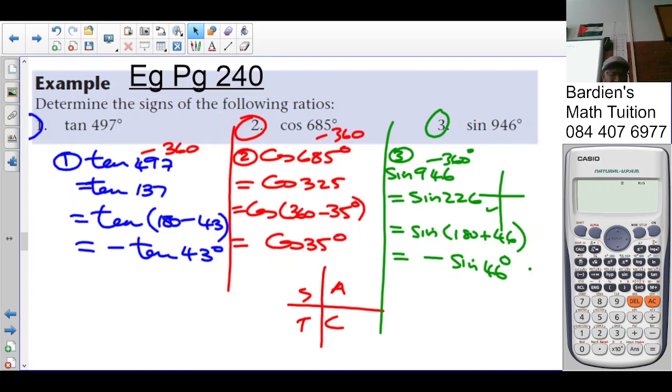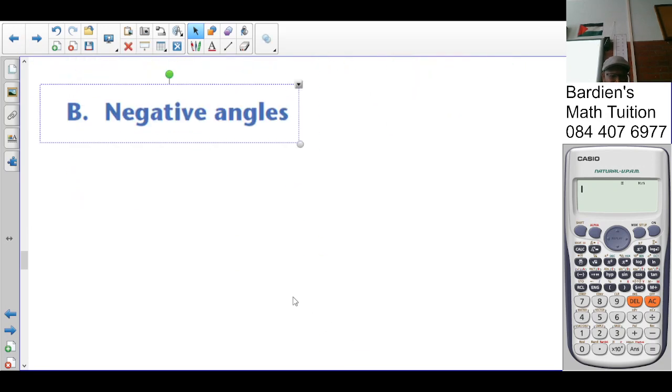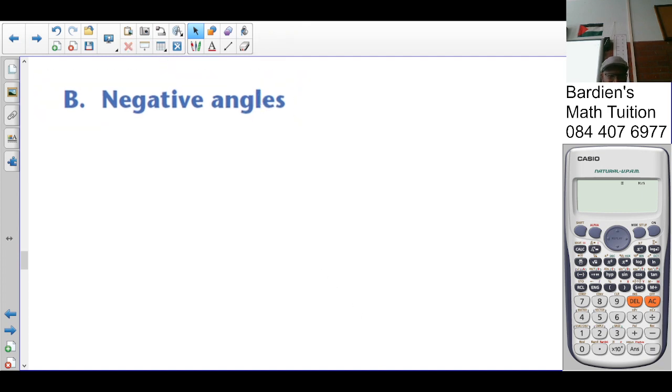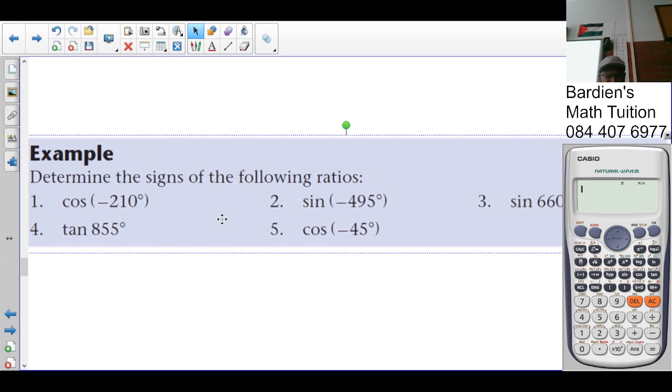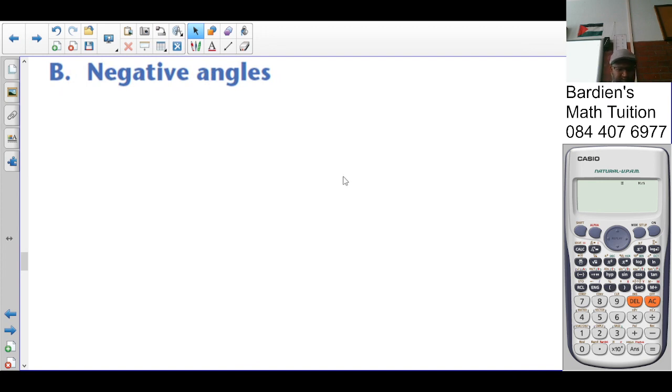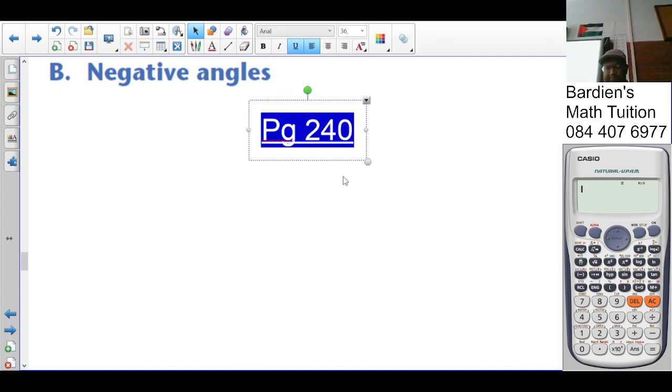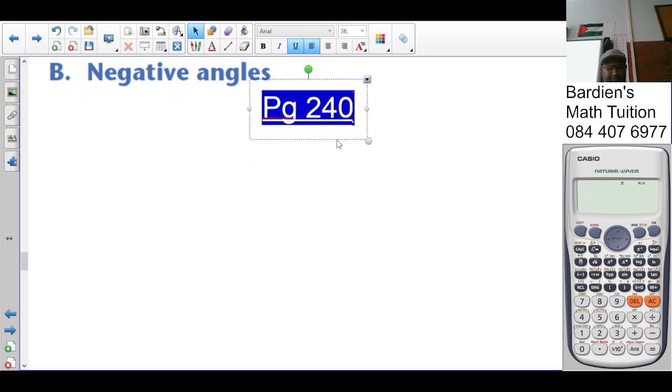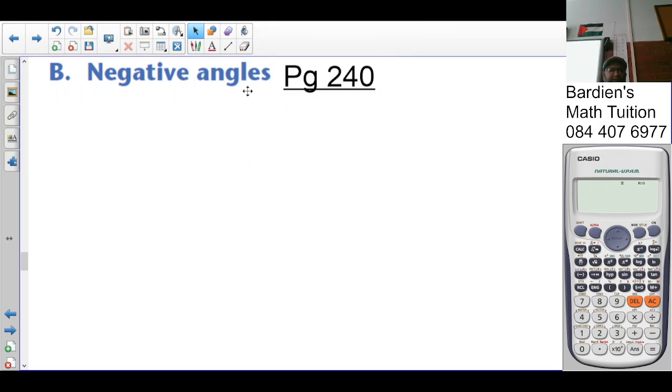There's an explanation on page 240. Okay, negative angles.